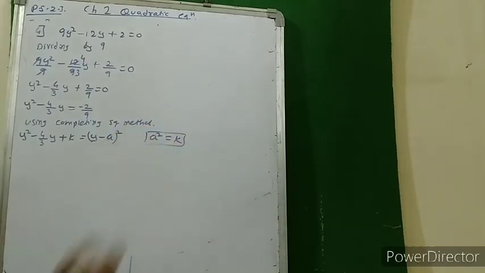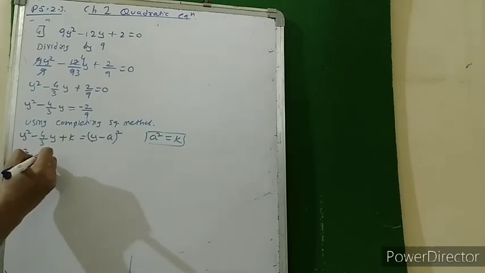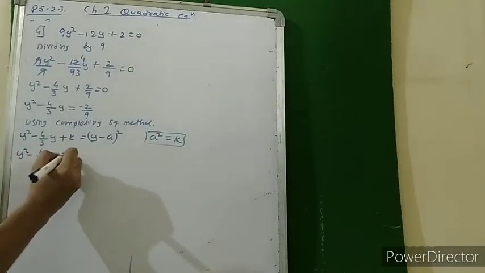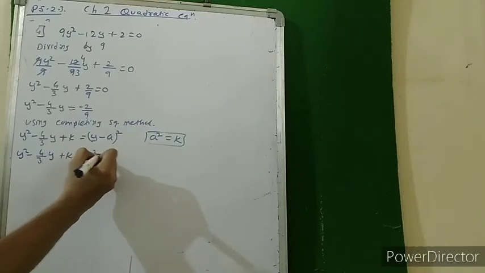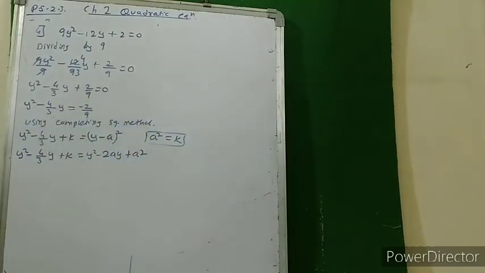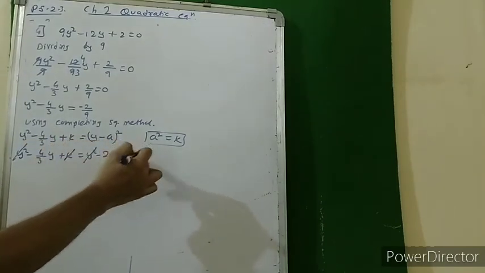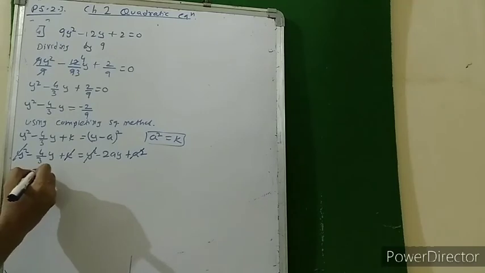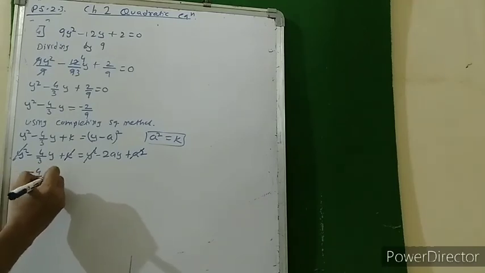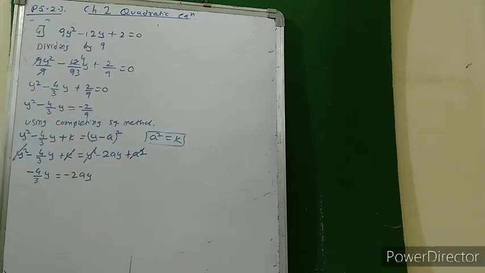So y square minus 4 upon 3y plus k is equal to y square minus 2ay plus a square. So y square cancel, k and a square cancel, so I have minus 4 upon 3y is equal to minus 2ay.